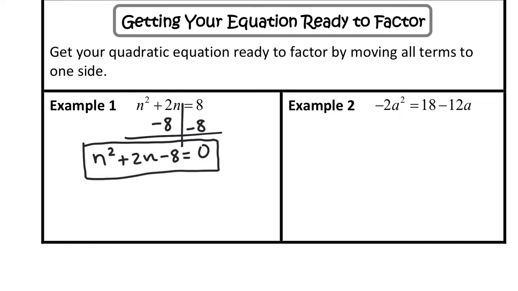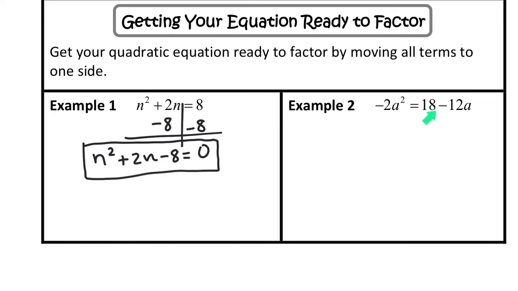Now, in example 2, I have a to the power 2, I have a, and I have a number. But notice that we have 2 terms on the right and 1 term on the left. So what's more work? Is there more work moving 2 things to the left or moving 1 thing to the right?